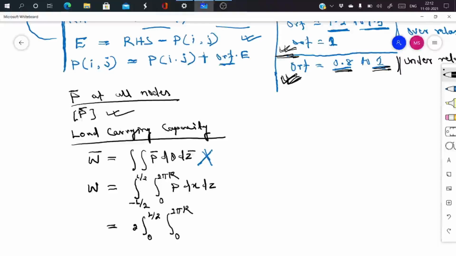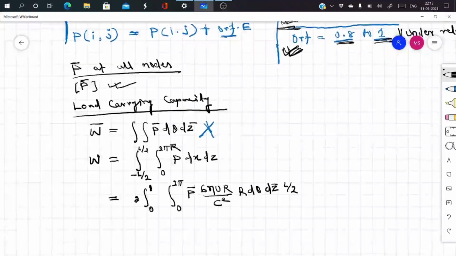But when you use non-dimensional quantities, then you can get rid of this L by 2, and we can use 0 to 1 and 0 to 2 pi. Here the non-dimensionalization of P is P bar equals 6 eta u r divided by c square. If you want to substitute for P in terms of P bar, you can substitute this, and then dx you can write as r d theta, and dz you can write as dz bar L by 2.